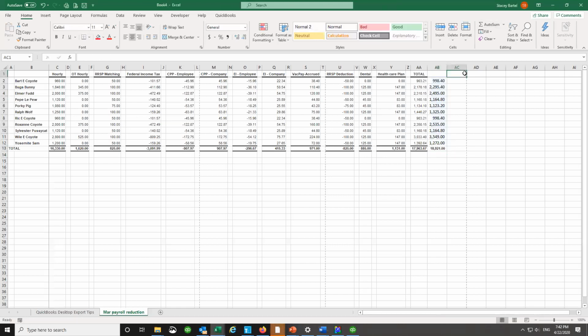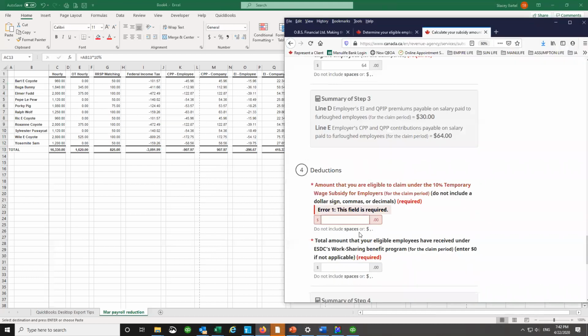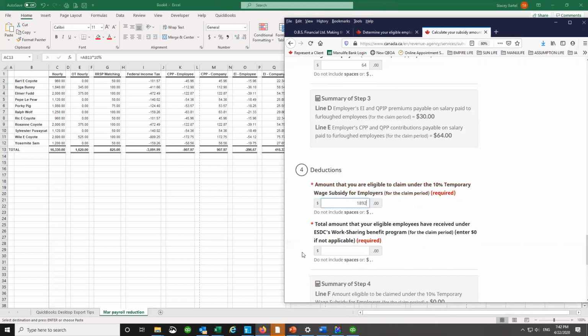And then here, this is going to be 10% reduction equals this times 10%. Okay, so the reduction would have been $1892.10. So now we go back to the calculator here. $1892 is what we would have taken off of our payroll remittance. Now we're not part of the work sharing program, so we're going to put a 0 in there.